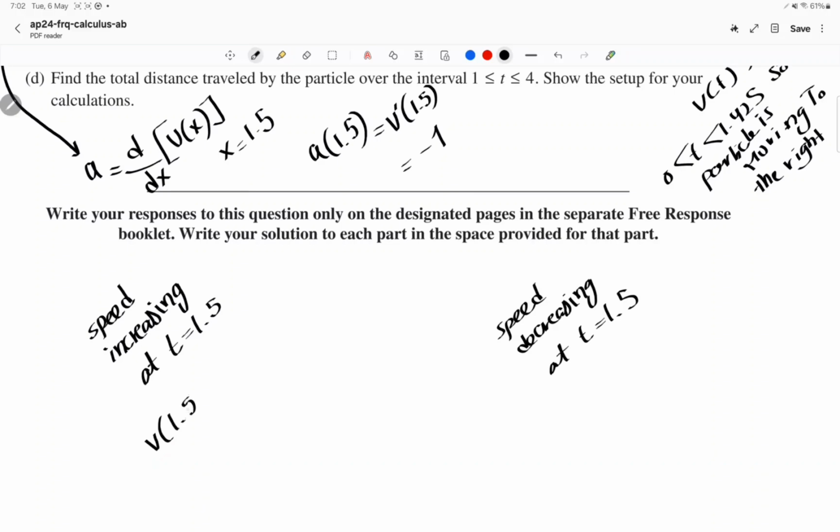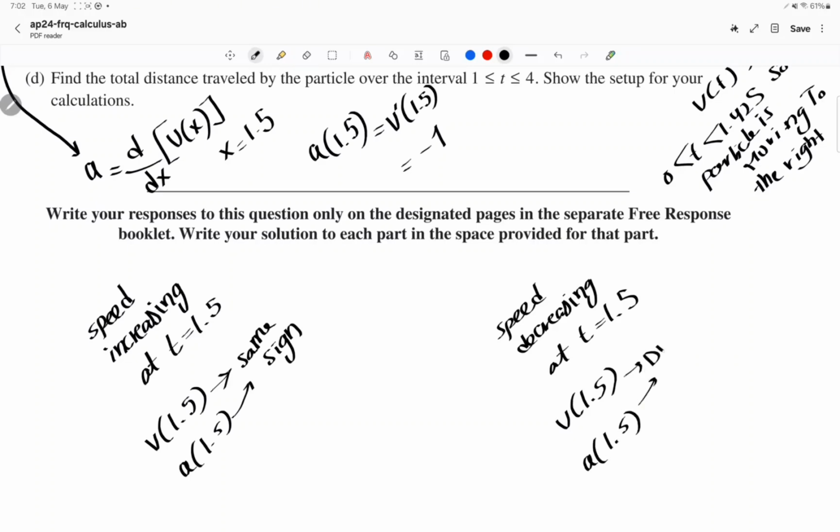If the velocity at 1.5 and the acceleration at 1.5 have the same sign, either both positive or both negative, the speed is increasing. But if the acceleration and the velocity at 1.5 have different signs, so one is positive and one is negative, the speed is decreasing. So now what's our job? We already know that the acceleration at 1.5 is -1. But now we have to go back to Desmos and find out the sign of the velocity at 1.5.